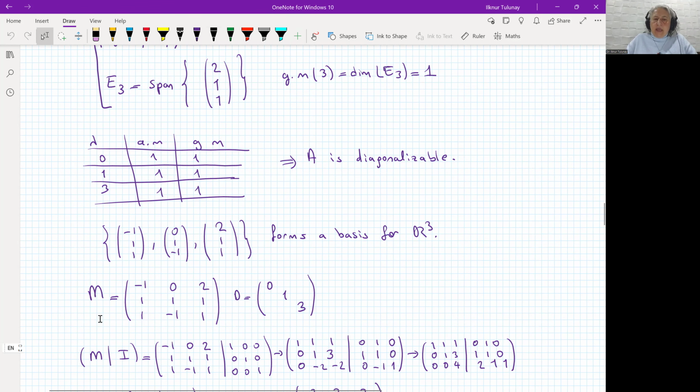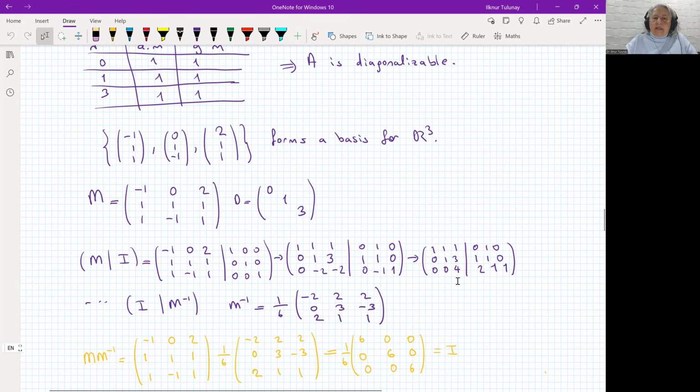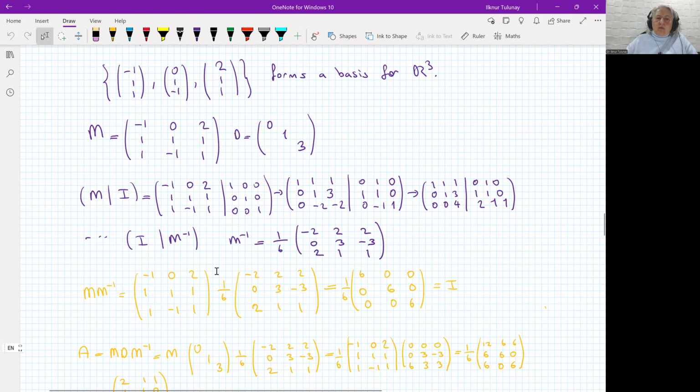Okay, so we have M and D, so we want to write it down. A is equal to M D M inverse, right? This is what you want.